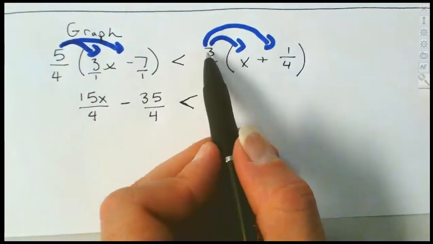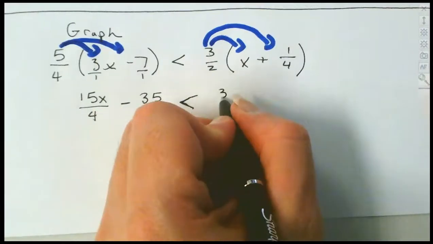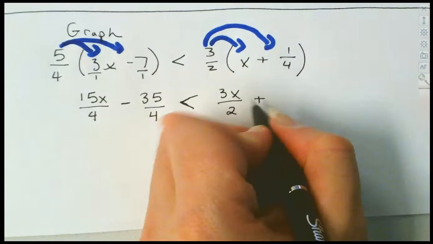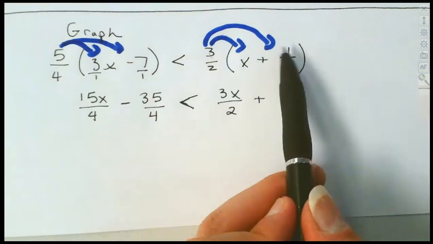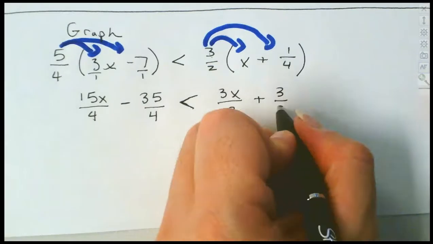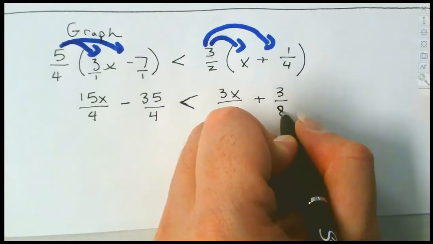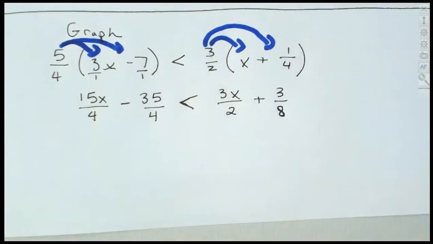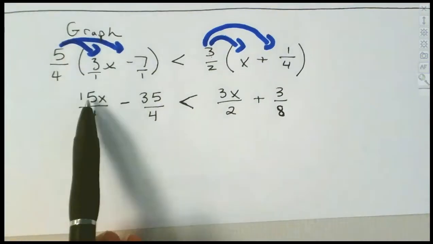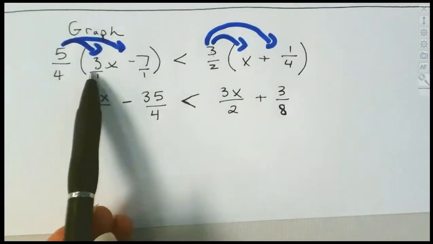What do we have here? 3x over 2. And what about the next piece? 3 times 1, that's 3. 2 times 4, that makes it an 8. Is everyone okay with how I distributed those through, right? Put it over 1 if you need to. 5 times 3 is 15. 4 times 1 is the 4.